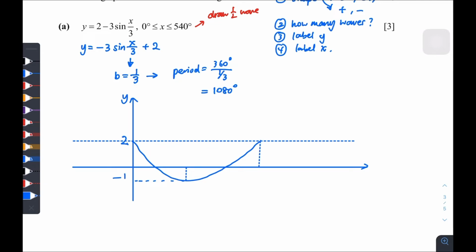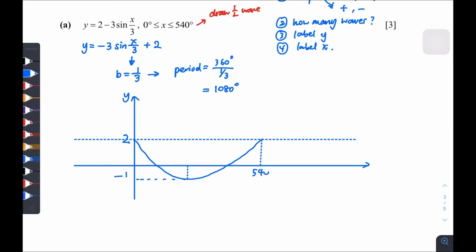This is 540. This is 270, half of 540 is 270. And this is our x. So our graph would just be like that, half of a wave. So this is our graph for A.